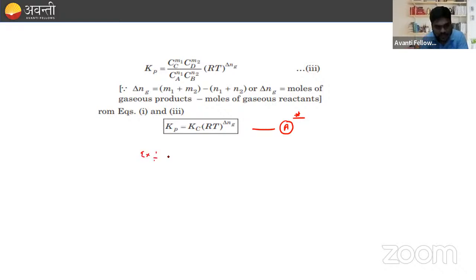For example, take the reaction H2 plus I2 giving 2HI. This is in gaseous form.